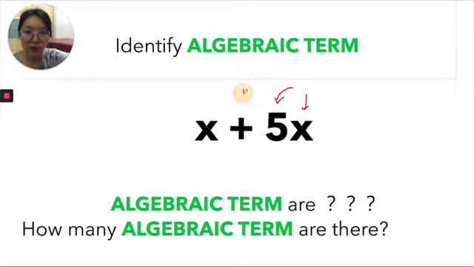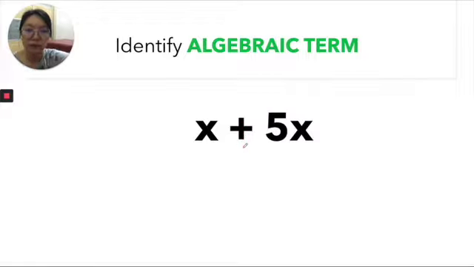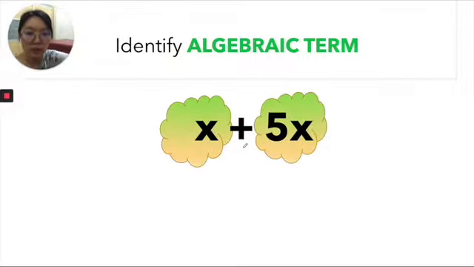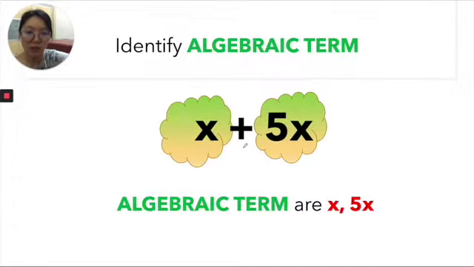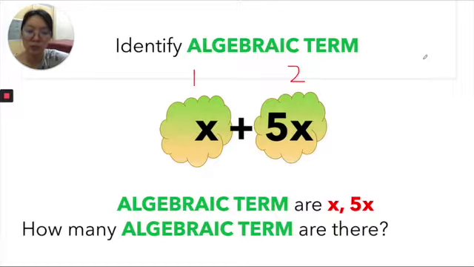First, find the operation plus and the minus. Separate them. And x is an algebraic term. This one is another one. So my algebraic terms are x, 5x. How many of them altogether? 1, 2. So there are 2 algebraic terms in this algebraic expression.